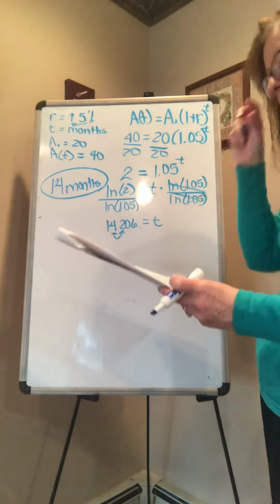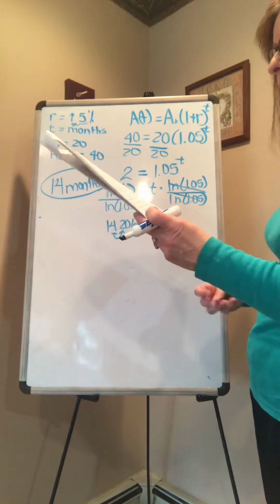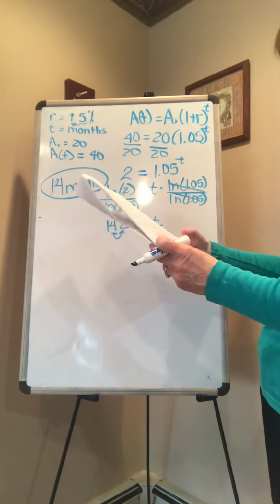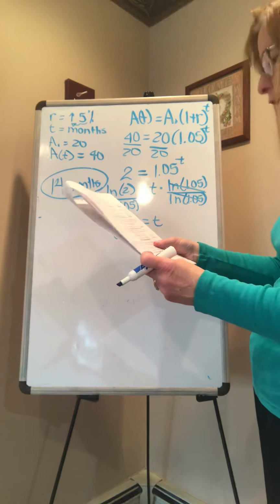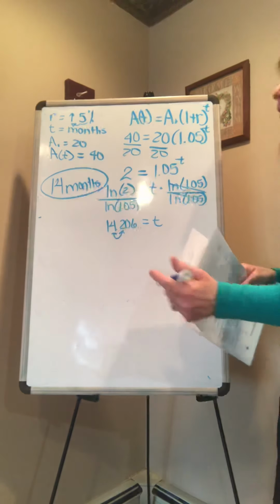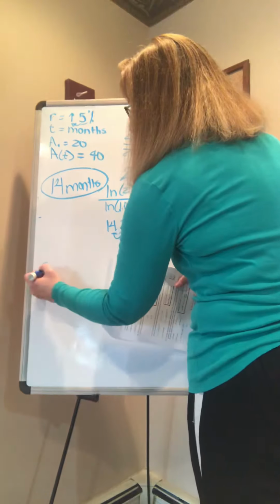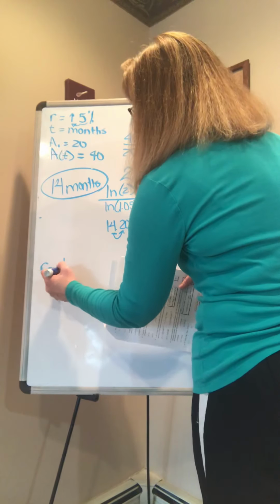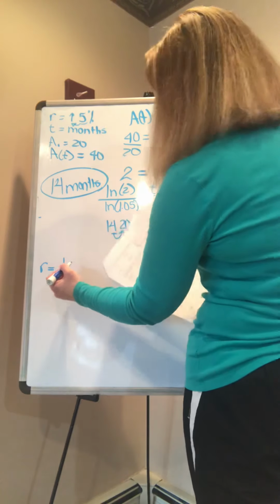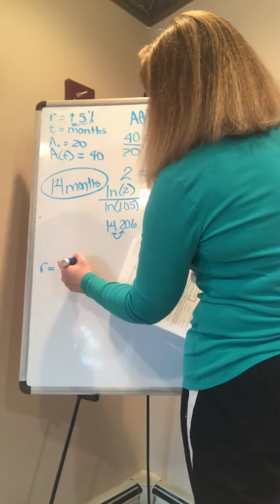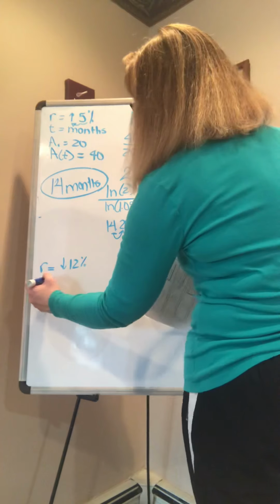That would be crazy. All right, a quickly decaying radioactive substance loses 12% of its radioactive mass each hour. So now my rate is going down 12%. And this is per hour.